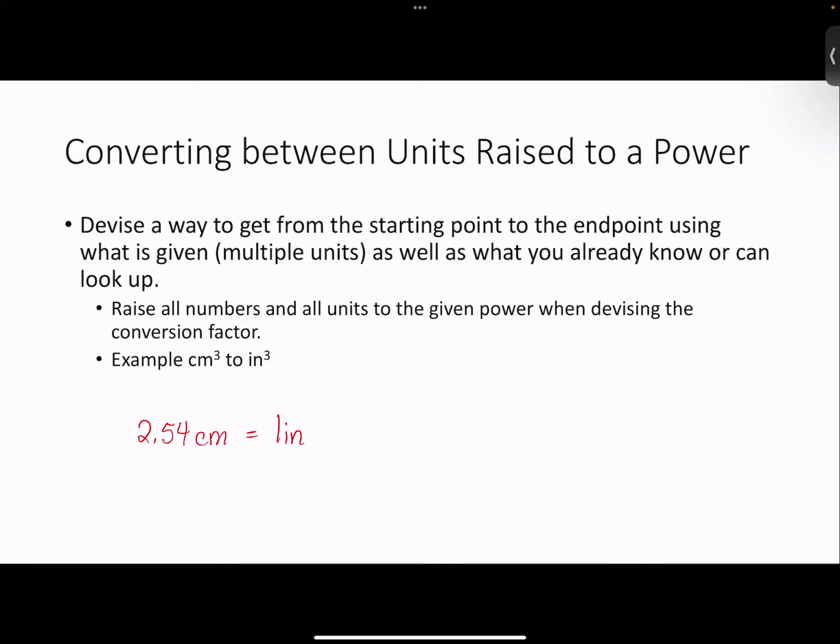These are not cubed. I can't just throw cube in there. Instead, what I've got to do is cube the entire thing, meaning I have to take the 2.54 and cube it, the centimeters and cube it, the 1 and cube it, and the inches and cube it.